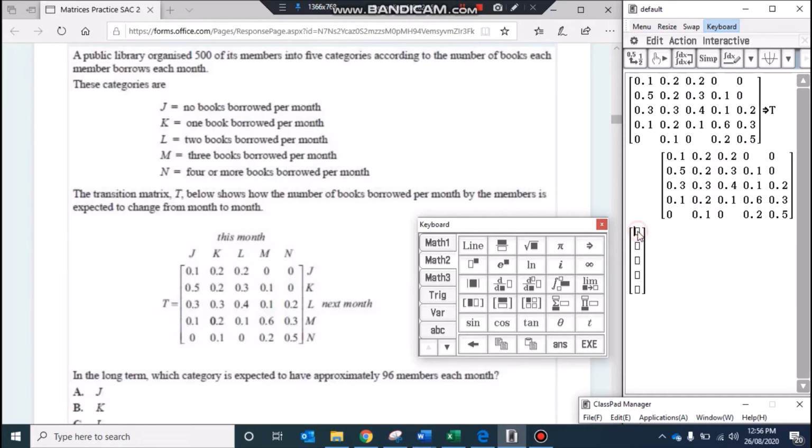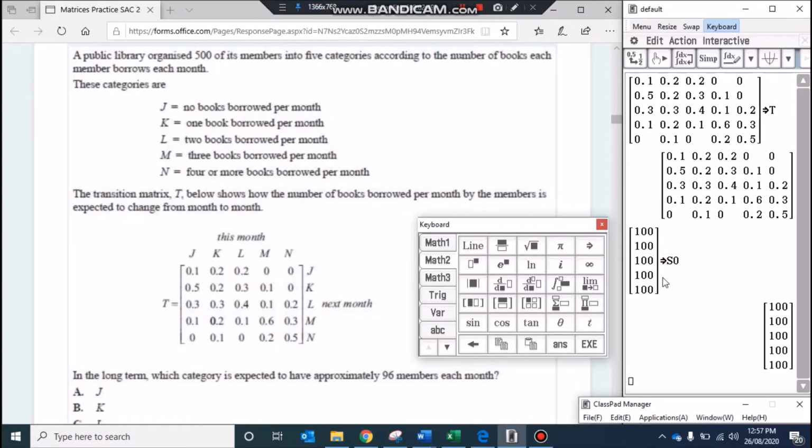Now, this is where it gets a little tricky, because it doesn't actually tell us. It does say we've got 500 members. That's important, but it doesn't tell us initially where they're sorted into. So we don't know the initial state matrix. So maybe I'm just going to take a guess and say that they're sorted evenly between each of them. So let's say this is S0.